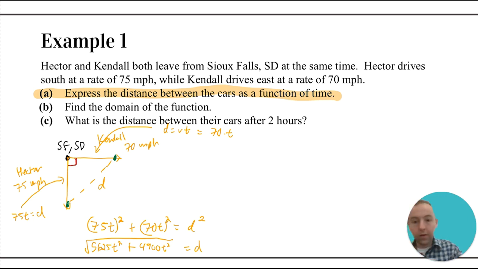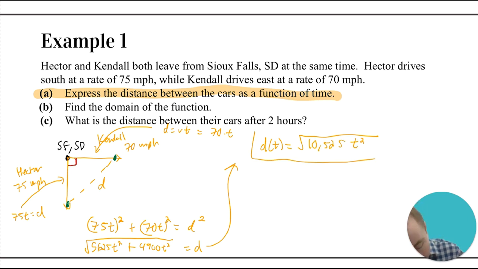That should be just equal to the distance. And then because those are like terms, the 5,625 and 4,900, we can combine those like terms and come up with a simpler equation, where distance as a function of time is just going to be the square root of 10,525 t squared right there.